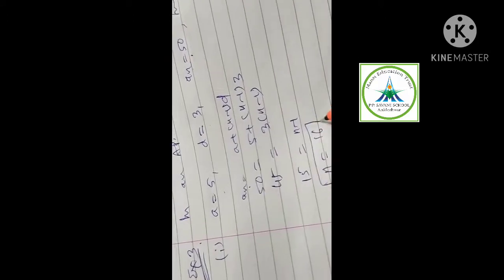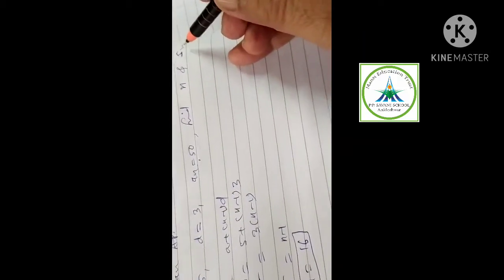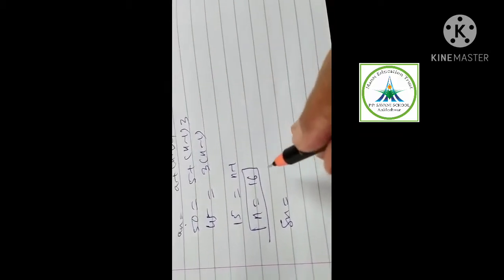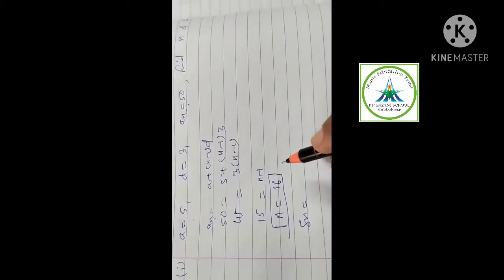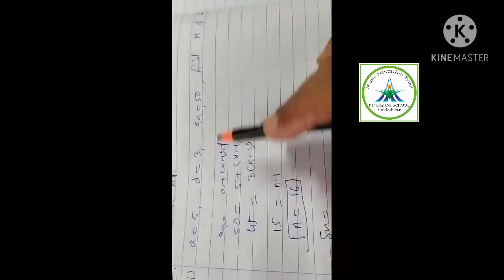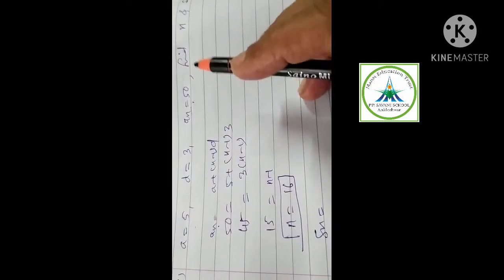Yes or no? After we get n as 16, we can find Sn. What is the formula of Sn? See, there are three formulae. Here the last term is not given, so a plus l we cannot use. This is not the sum of first positive integers, so we cannot use that third formula.